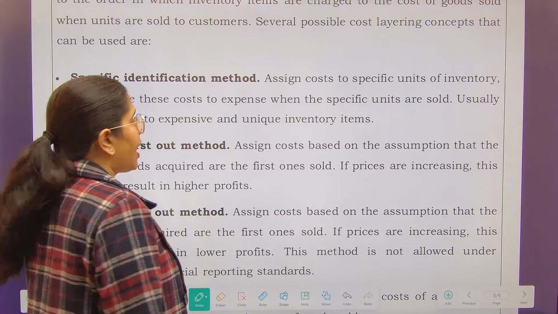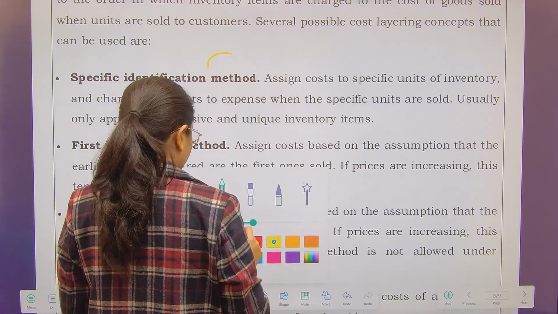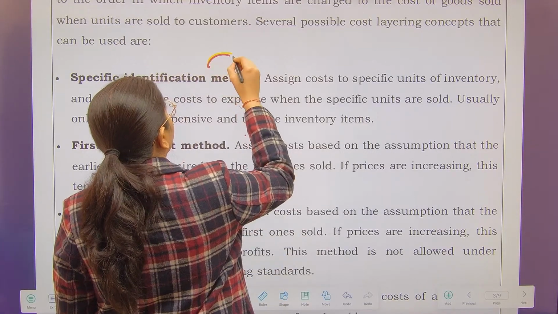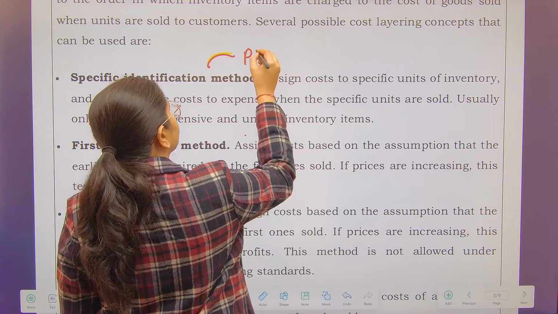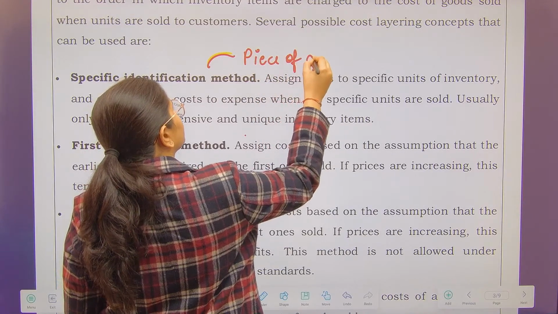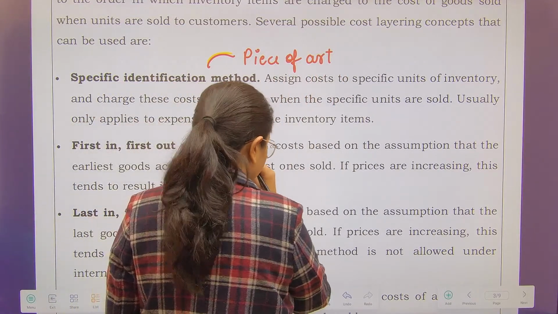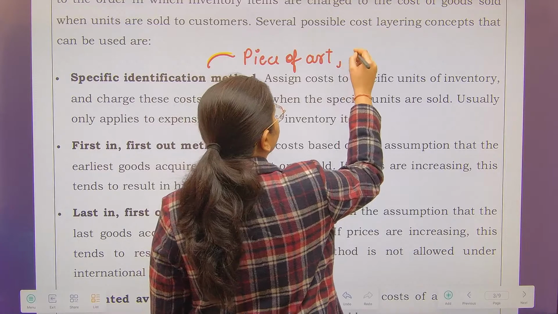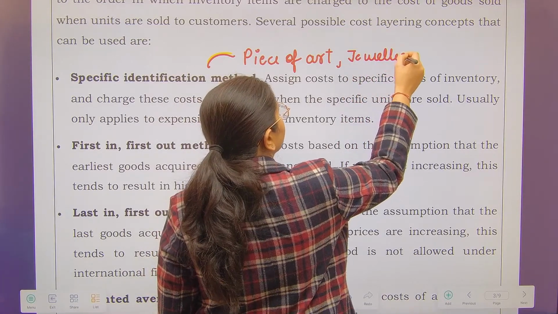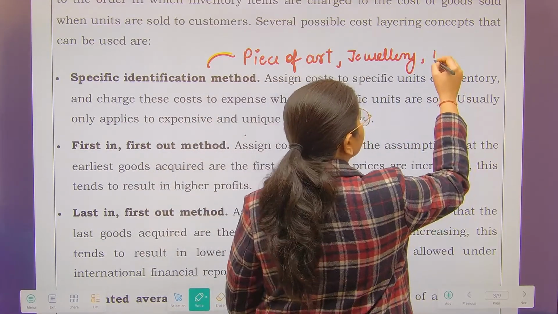When this particular thing happens, it happens in a piece of art. Other examples could be jewelry, designer dresses.